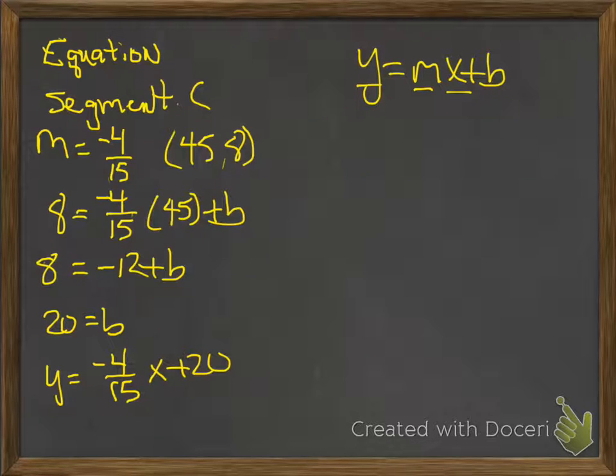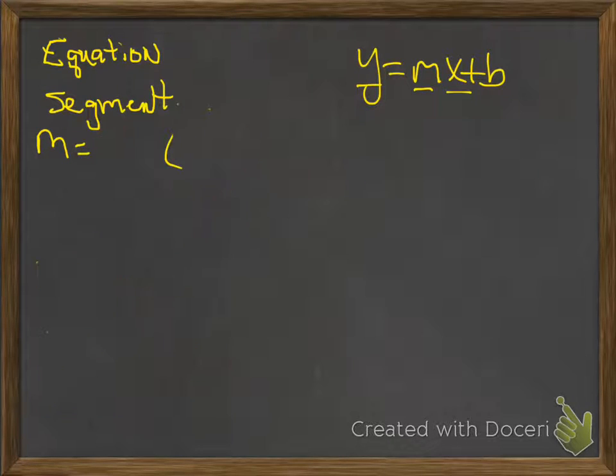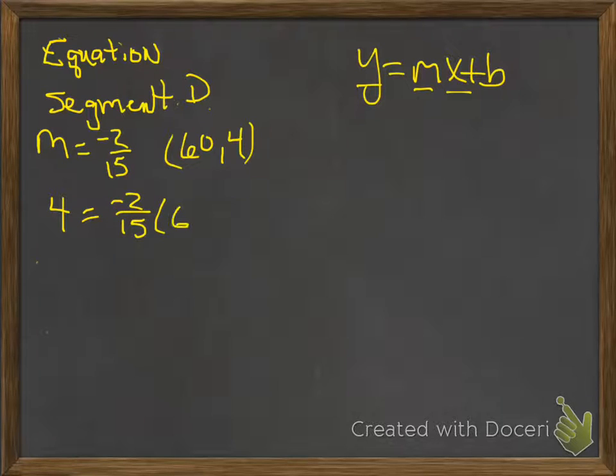Pause. About to erase again. Okay, so segment D, I've got negative 2 over 15, and I've got 60 comma 4. So I'm saying 4 is equal to negative 2 over 15 times 60 plus b. Multiply, you get negative 4.